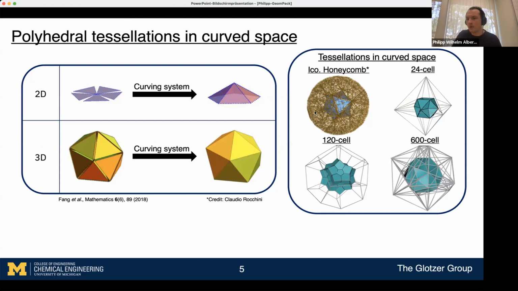So here it's on the top left. And for the octahedra, dodecahedra, and tetrahedra, we can find tessellations on S3, so on the 3-dimensional surface of a hypersphere, which tessellates space perfectly.